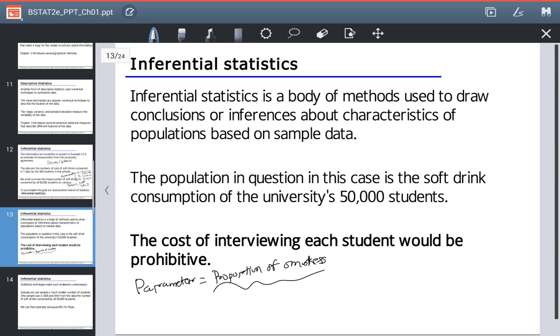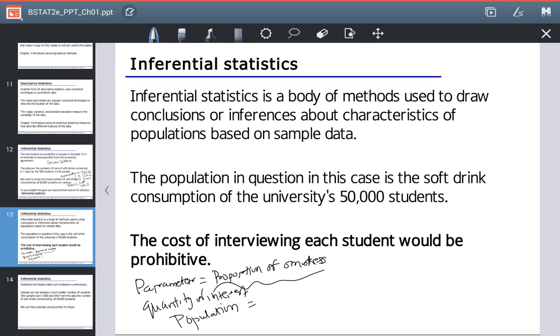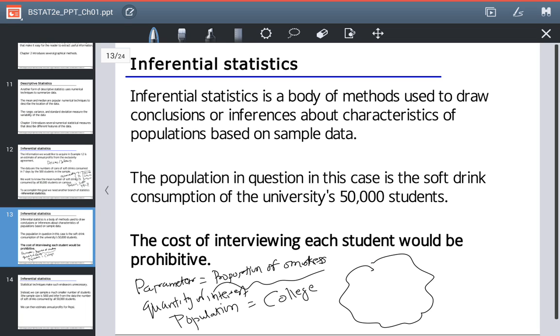This is the quantity of interest, and your population is the total number of students in the campus, the entire college. Let's say you have 50,000 students in the university. Now I don't have the resources to survey each of these 50,000 students and ask them whether they smoke or not.